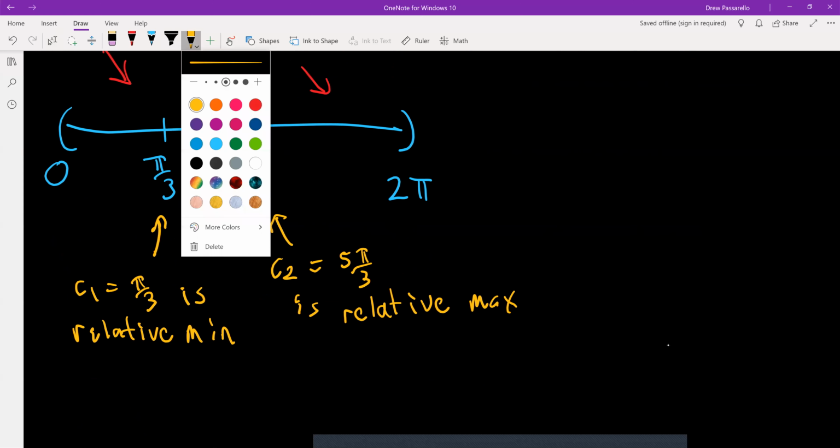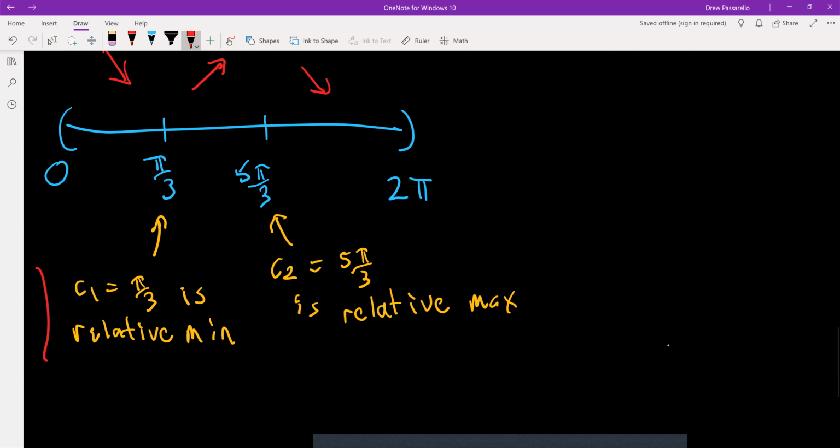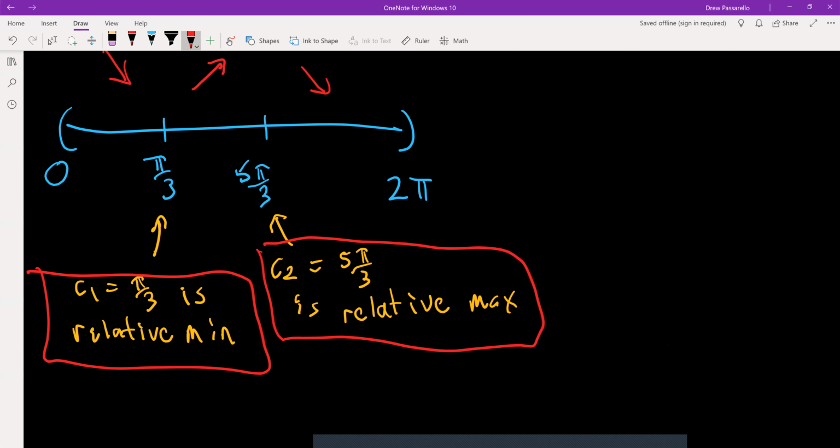All right, so last, I just need to find the y coordinates that go with these values.